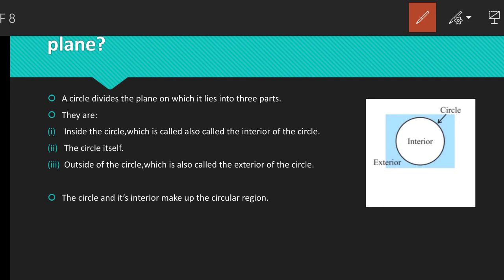So, interior of the circle, exterior of the circle, and the circle itself. The circle and its interior make up the circular region. So, if we say a circular region, that means the interior part along with the boundary is called the circular region.